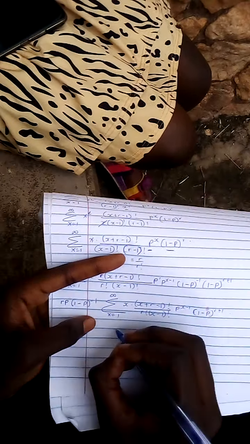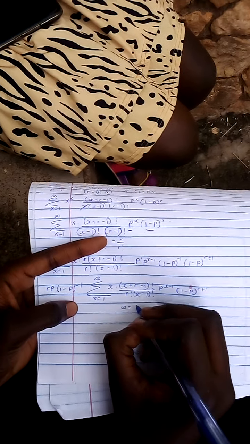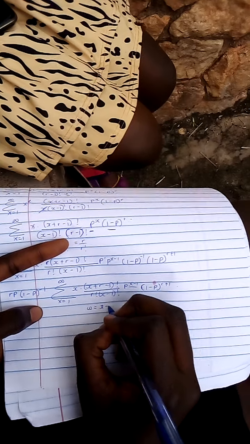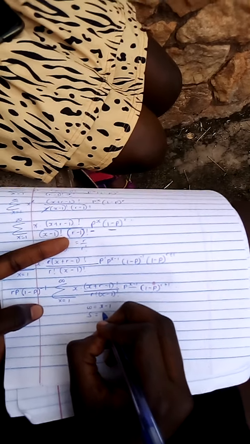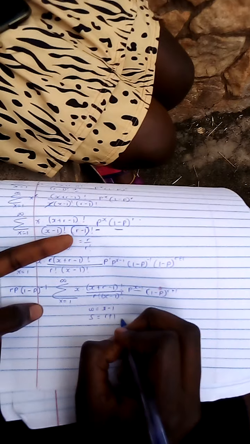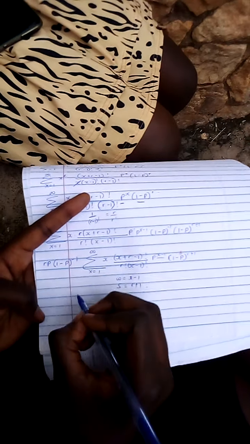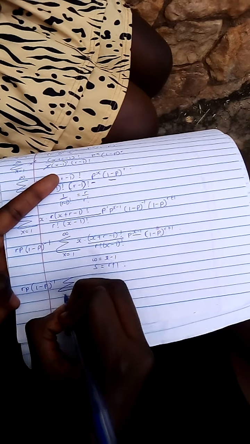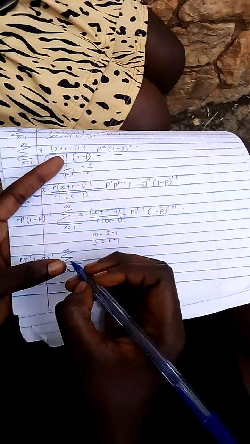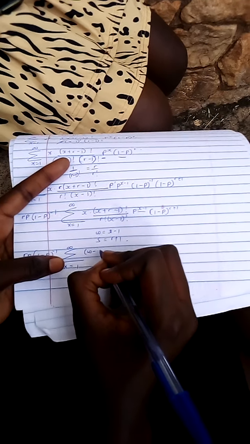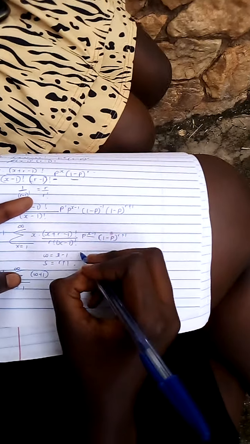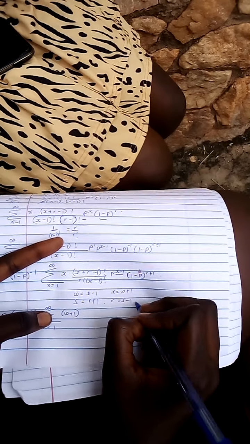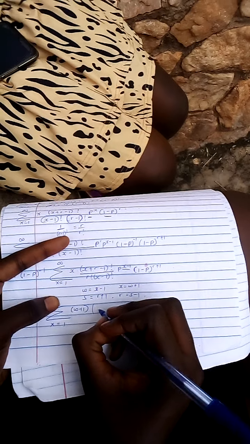So from here, let w be x minus 1, and s be r plus 1. We're going to substitute in. We have this constant into our x, which will be w plus 1.